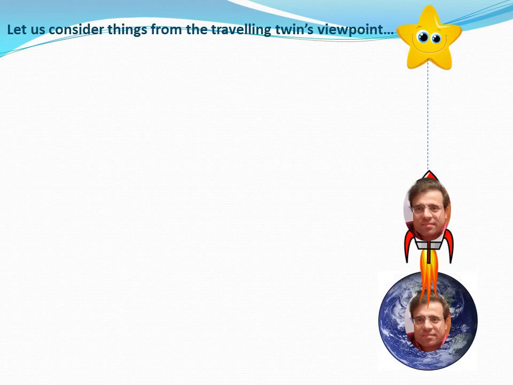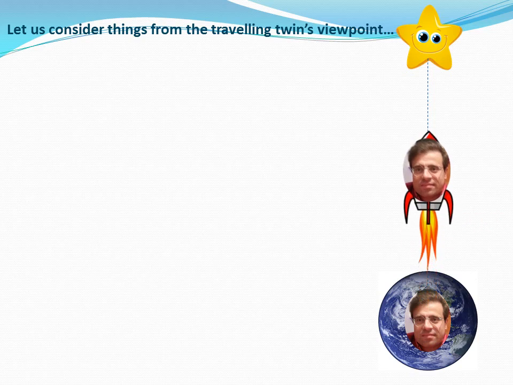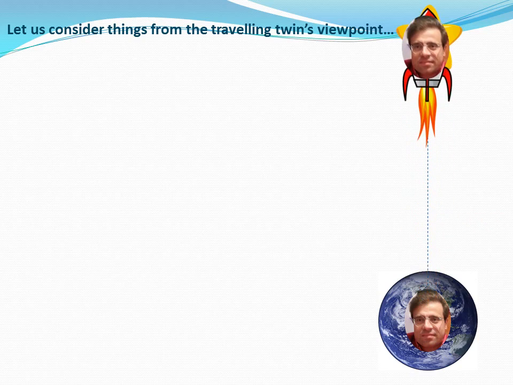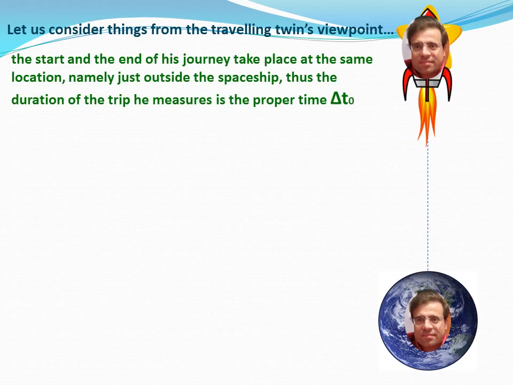Let us consider things from the traveling twin's viewpoint. In his reference frame, the start of his journey and the end of his journey take place at the same location, namely just outside the spaceship. Therefore, the duration of the trip he measures is the proper time delta t0.